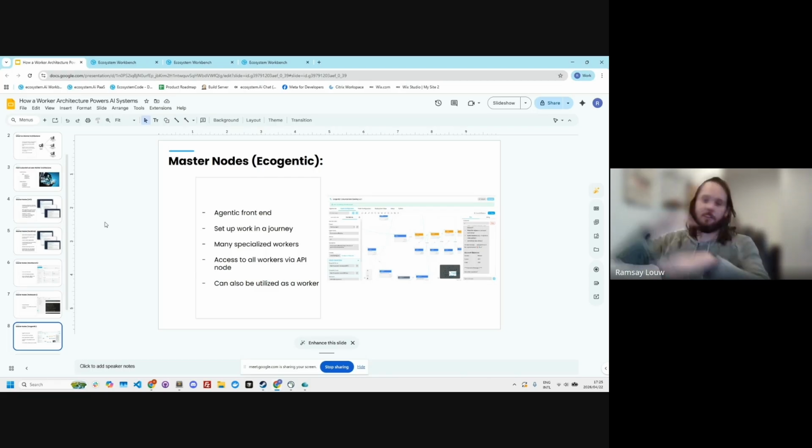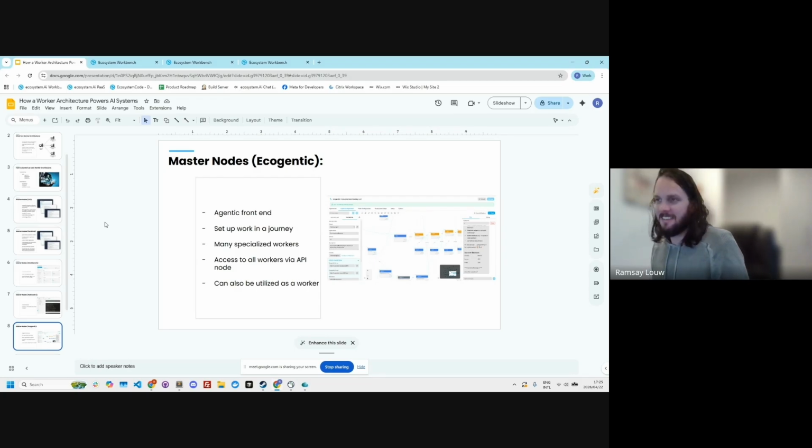You can just infinitely stack this down, since the way to call or interact with the ecogentic journey is just like any other worker. So it's a unique case in the sense that it's both a master node and a worker node: the worker being the interaction with the system, and the master node being the setting up of the orchestration of the whole journey underneath the ecogentic environment.